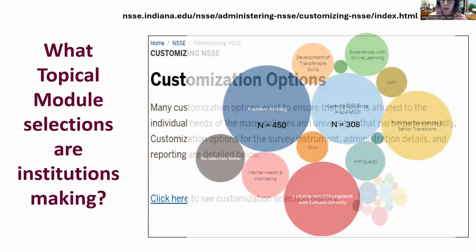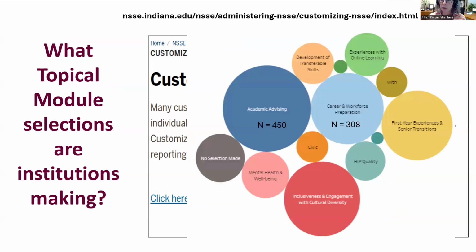This bubble display illustrates, of the module options that we have, how many institutions have elected them. Again, you can get the same information via the search function, although it will indicate the specific institution, but here you can get an aggregate sense of which modules are most popular.